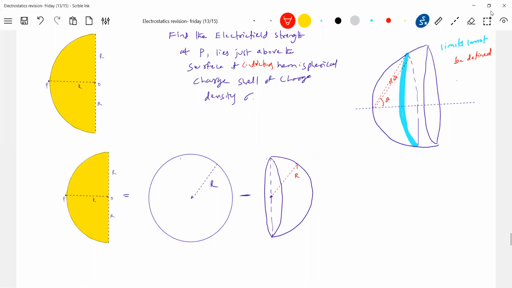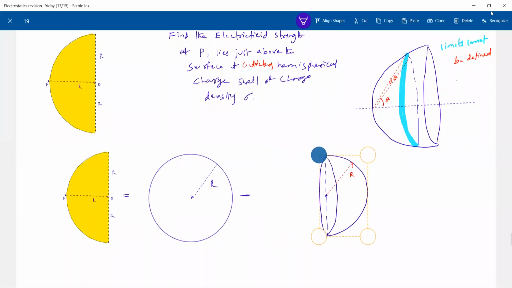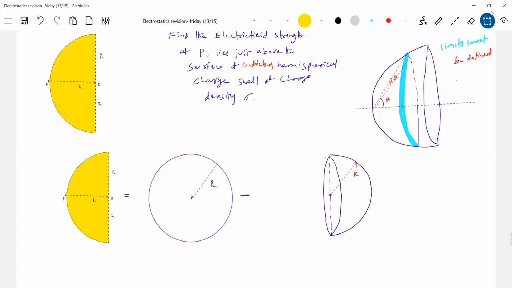Let's come to this one. I'll make the diagram complete. So this is the point P. What is our answer?